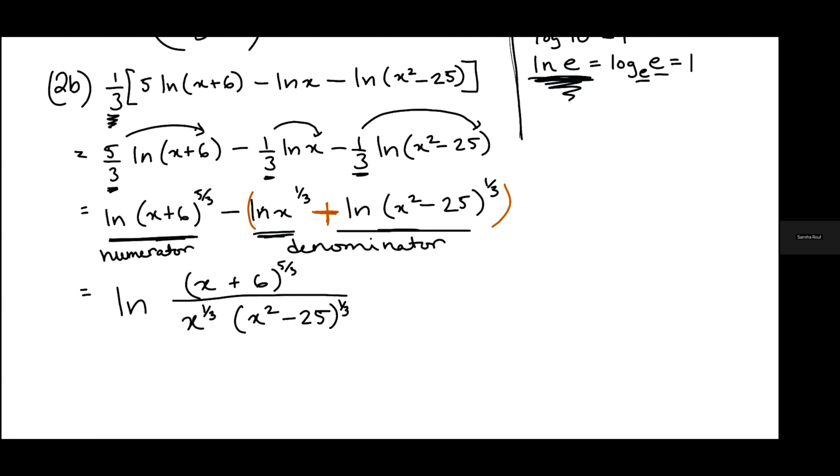So if we take that out, we're left with x plus 6 to the power 5, then x, and then x squared minus 25, and then put all of this to the power of 1/3. So this is one way to write the final answer.